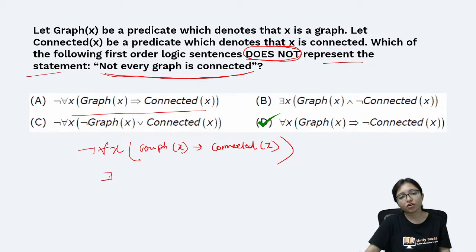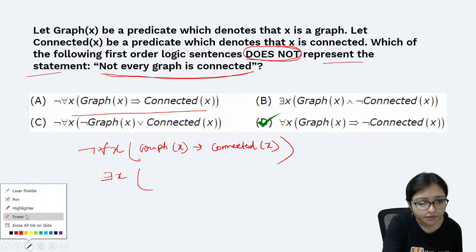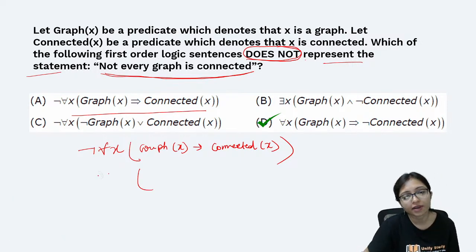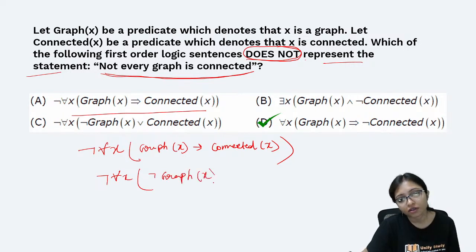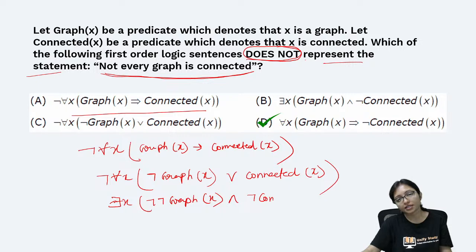Not for all will be changed to there exists, and step by step, this is not graph X or connected X. Now the there exists will be changed to there exists X, and negation of graph, and the or will be changed to and not connected.